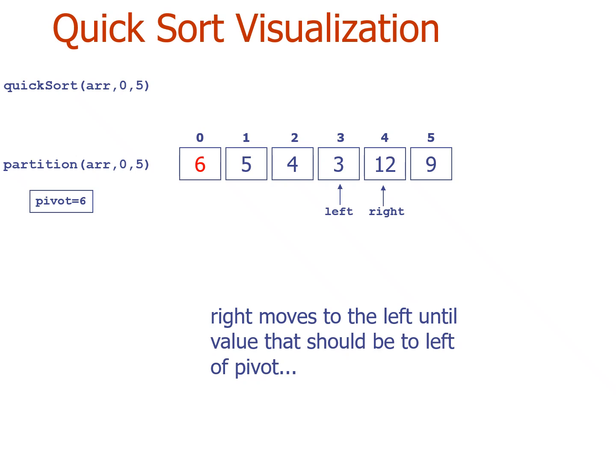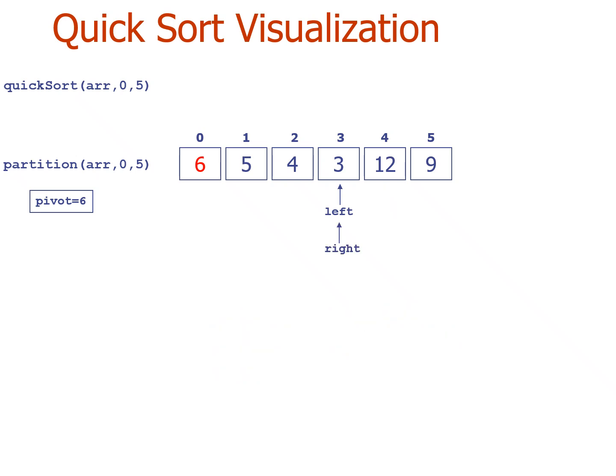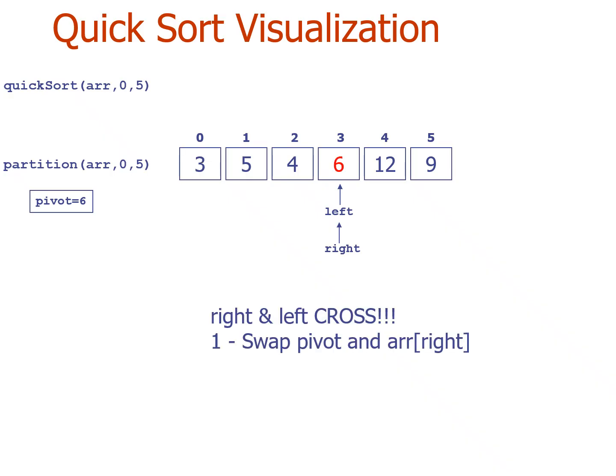Now, once the left and right cross, we stop. Okay? And when we stop, we will swap the pivot with the element at right. Now look at the picture, and I think now it's much better.